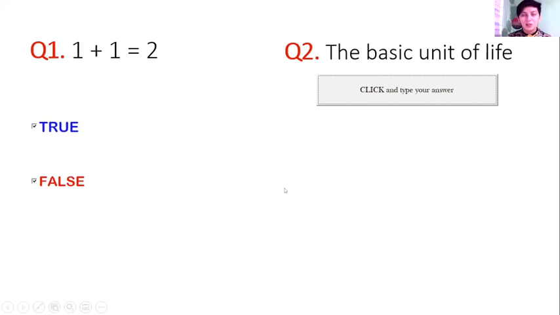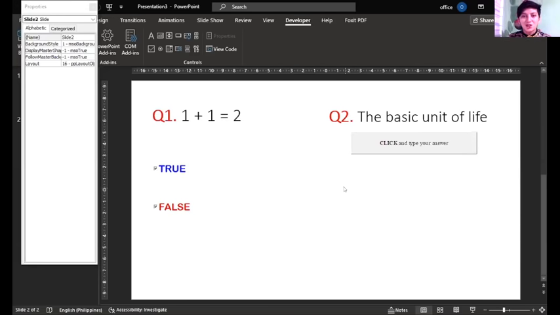So it will give you the exact answer based on how you direct your students, so please be careful with your directions. Okay, so next, I will teach you how to check their answer. Let's start with the command button.